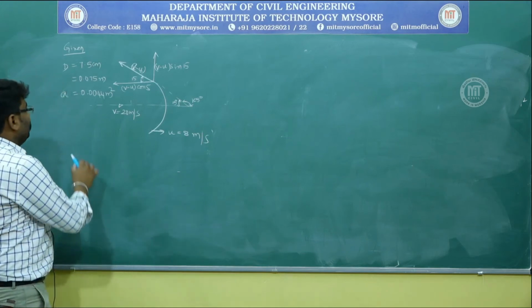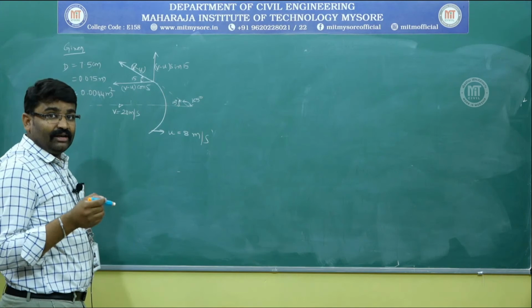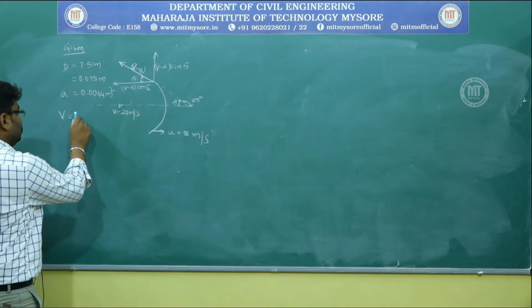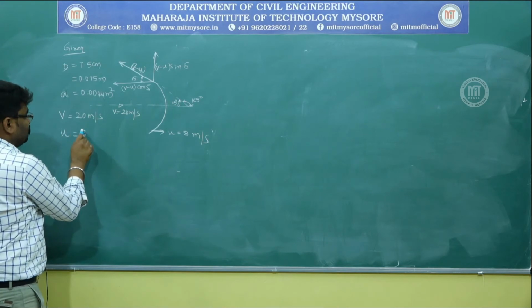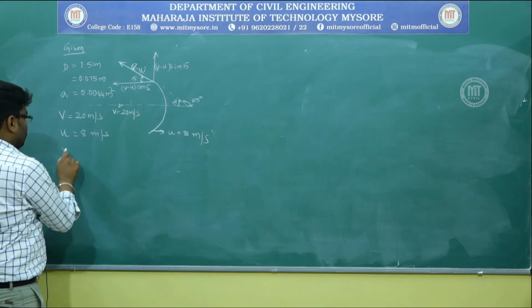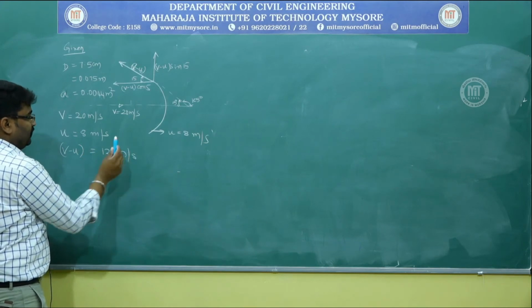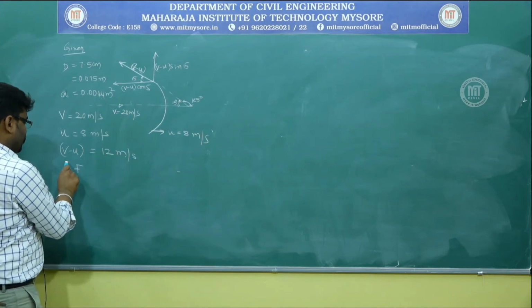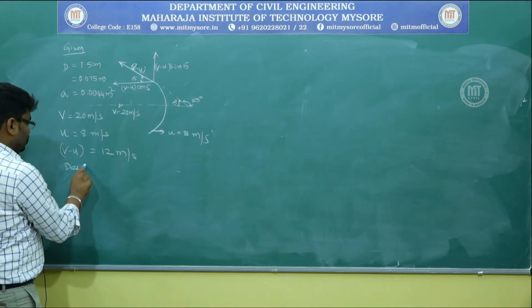And then you have velocity with which the jet comes out of the nozzle, that is absolute velocity v is equal to 20 meter per second. Velocity with which the vane is moving is 8 meter per second and hence v minus u becomes 12 meter per second.